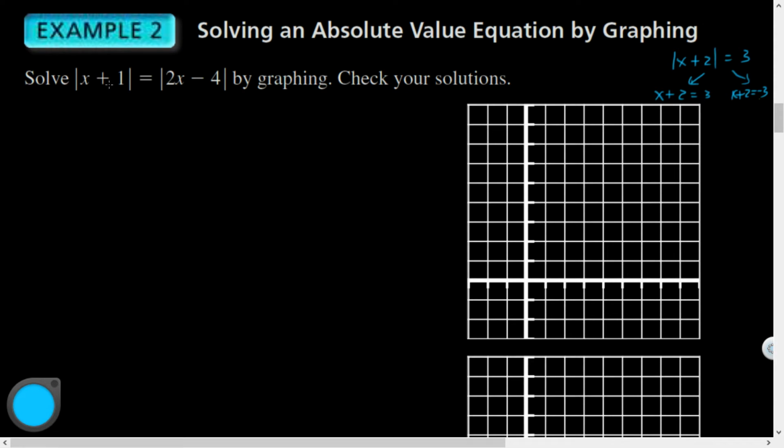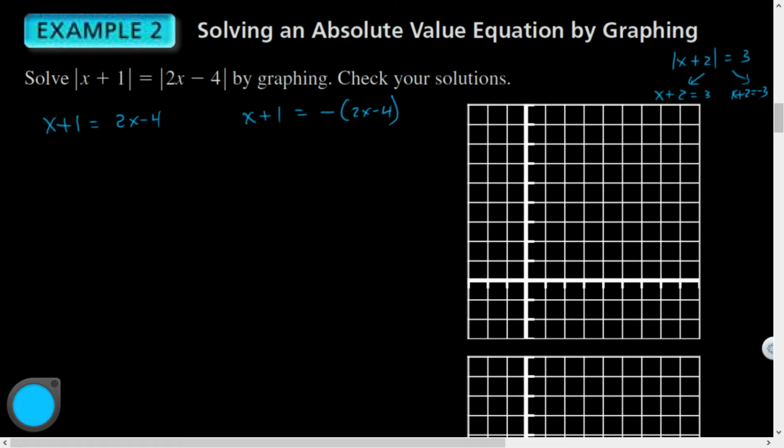Okay? So either x plus 1 is equal to 2x minus 4, or x plus 1 is equal to negative of 2x minus 4.